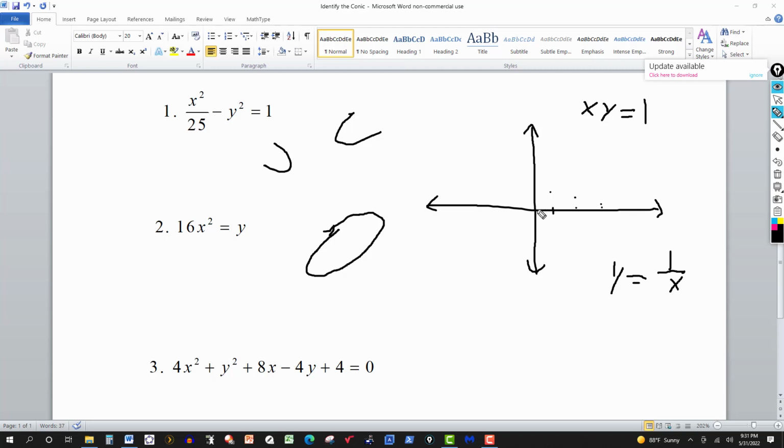If I go to 1/3, it goes to 3. So as I get close to the y-axis, the value grows. So this graph kind of looks like this. I go through the negative side, kind of looks like that.